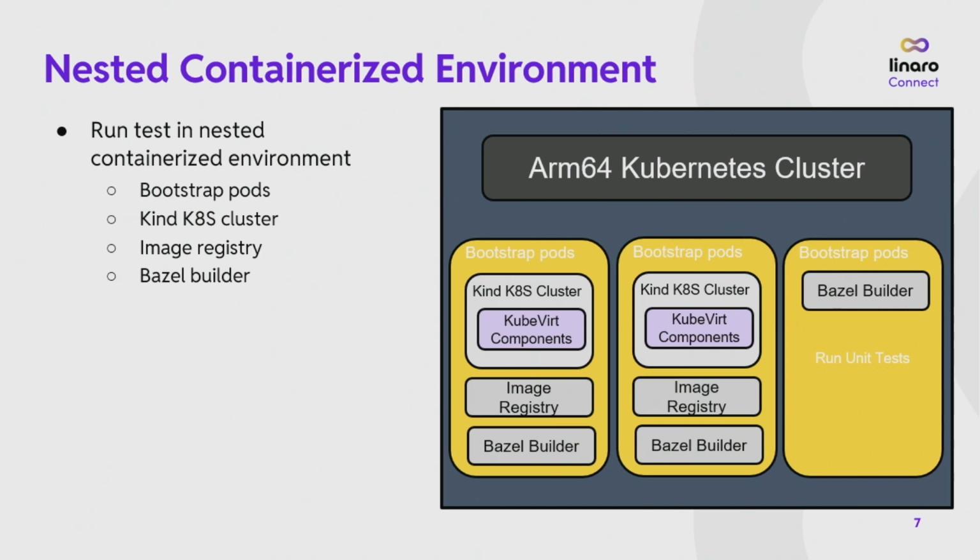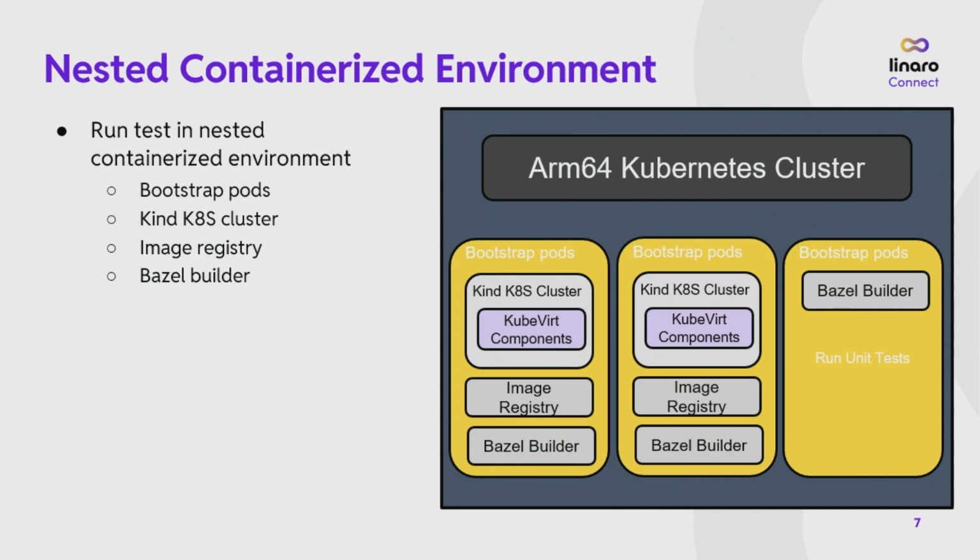Here is a brief introduction of the nested containerized environment. As you can see in this image, this box is a bare metal server. We deploy a one-node Kubernetes cluster on this bare metal server, and we can send the E2E test job to the cluster. Then this Kubernetes creates a bootstrap pod, which is the outermost container.